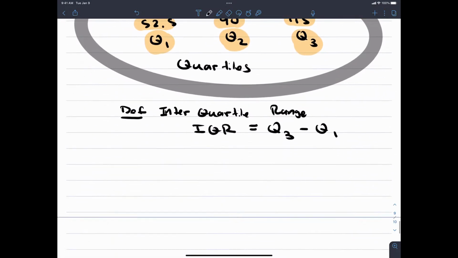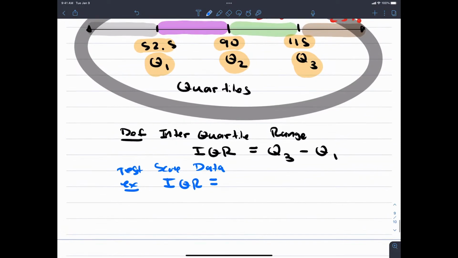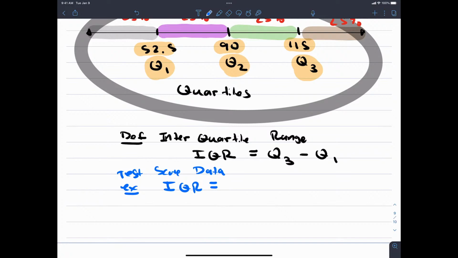So, for example, with the test score data, the sheet we have, what would the interquartile range be here? You take 115 and you subtract 52.5. You're using your definition here.